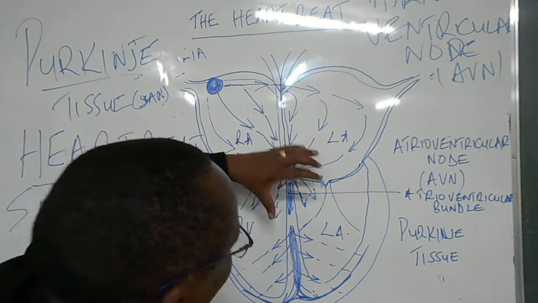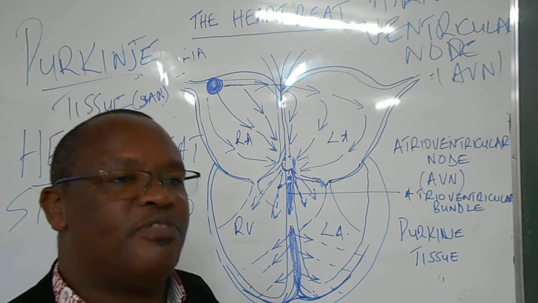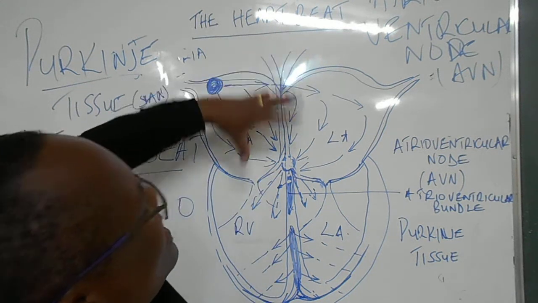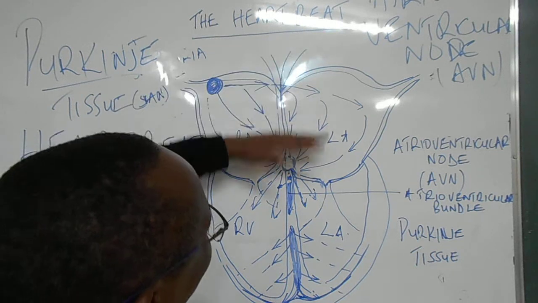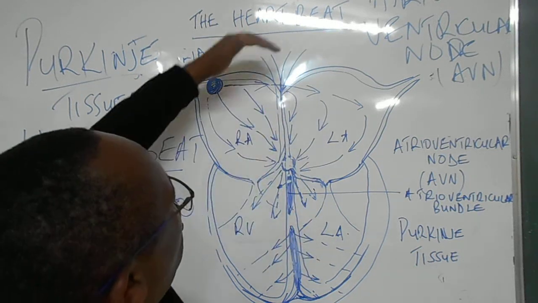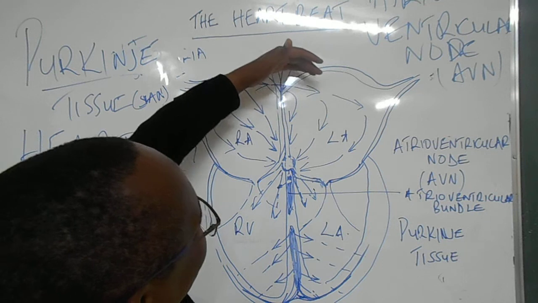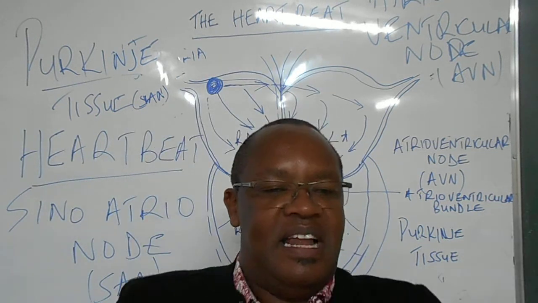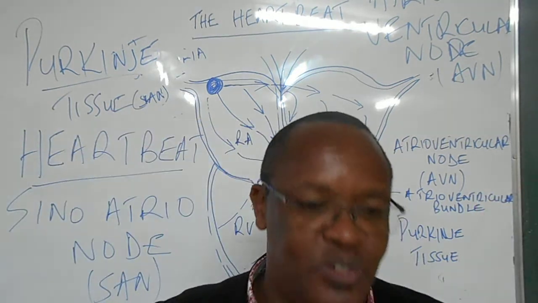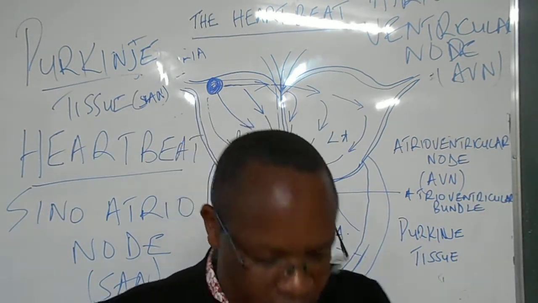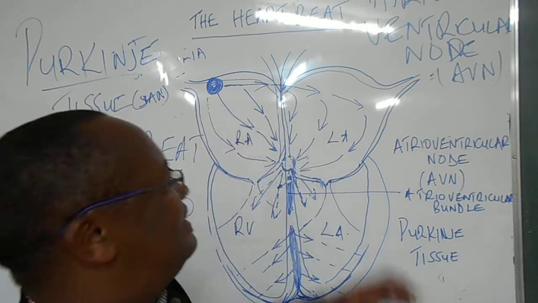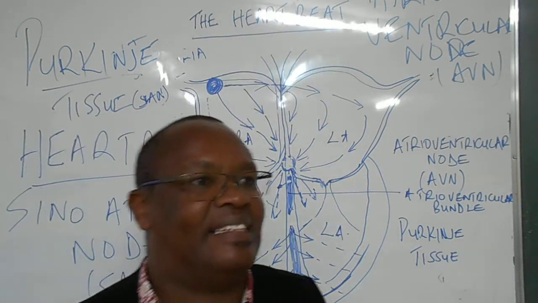And that delay in spread of the wave of excitation to the lower part of the heart is to ensure that by the time the wave is spreading further down, all the atria will have contracted fully and pumped the blood down to the ventricles before the ventricles can start contracting. So that is what heartbeat is.